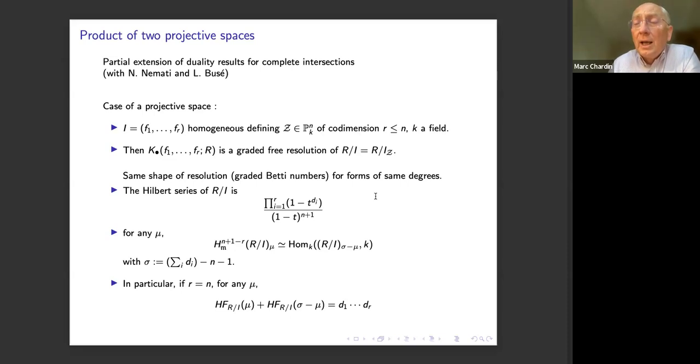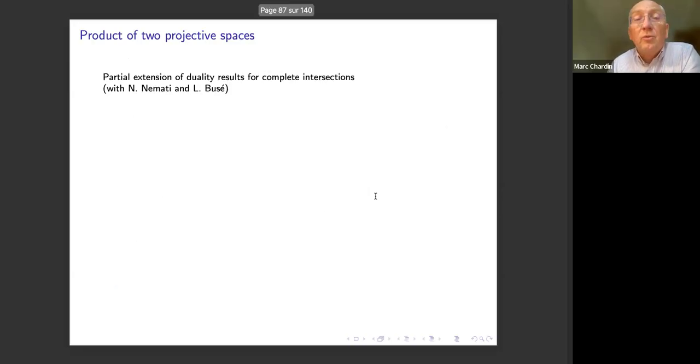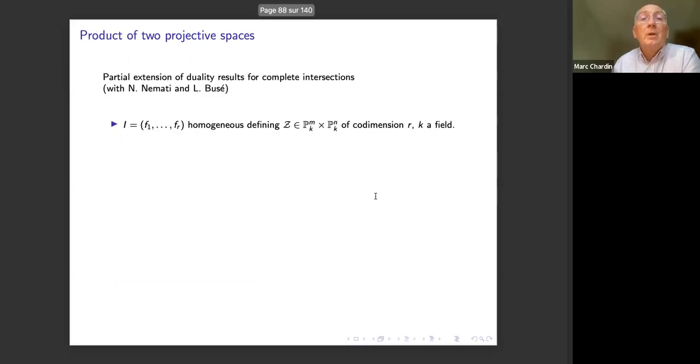So let's look at what we have in the case of a product of two projective spaces. Now I assume I have an ideal generated by homogeneous elements, defining a scheme of codimension r over a field.